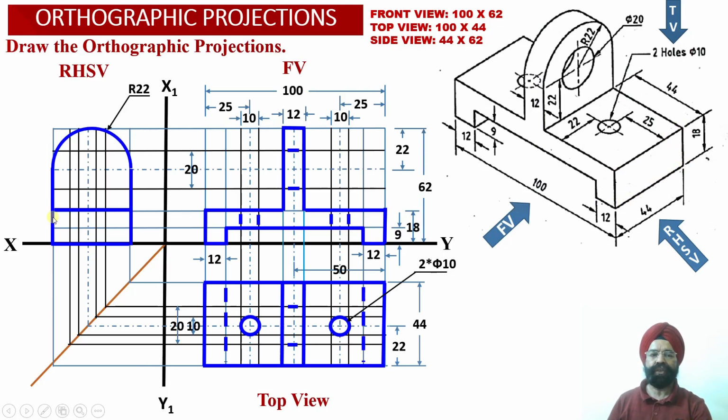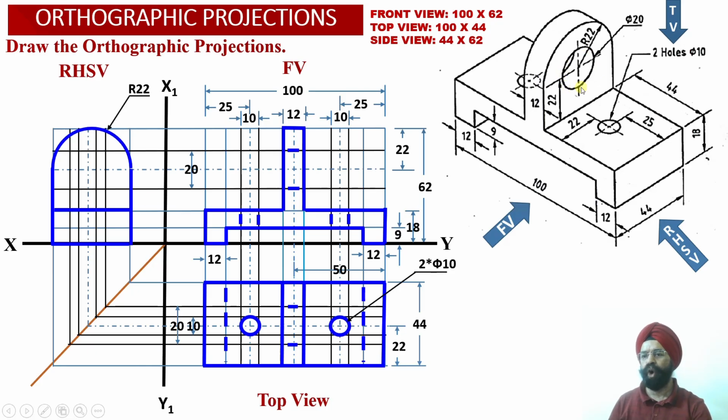So this surface will be projected as a true shape projection into the right hand side view projection. Similarly, corresponding to this vertical surface which is again parallel to the profile plane, the observer will be able to view the true shape projection of this surface into the right hand side view projections.